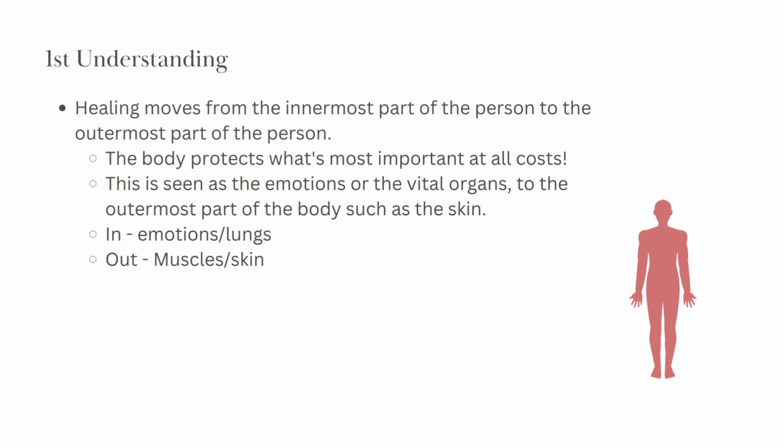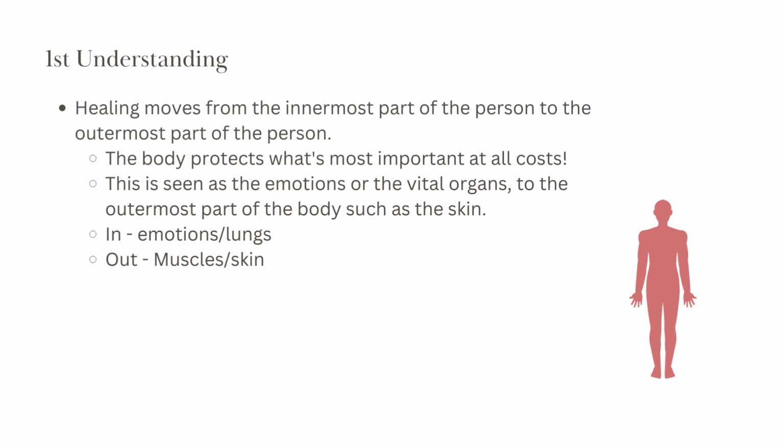So let's go to the first understanding here. Healing moves from the innermost part of the person to the outermost part of the person. The body protects what's most important at all costs, right? So this is seen as, let's start with the vital organs, the heart, the brain. The body is going to protect these. And this can also be seen as the emotions. So you'll see the information will push out to the outermost part of the body, such as the skin.